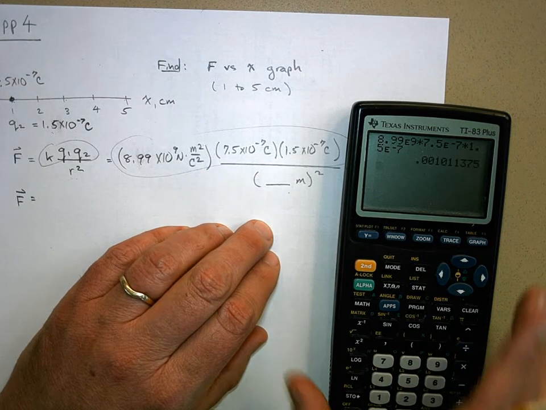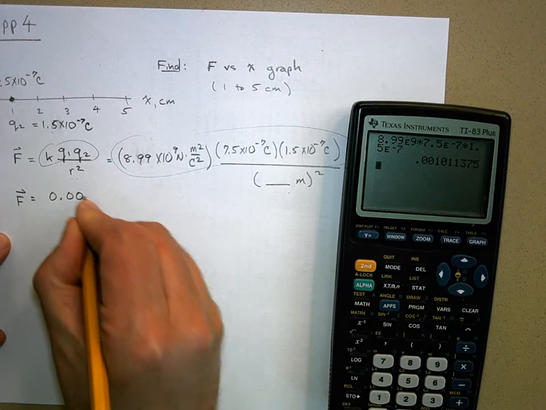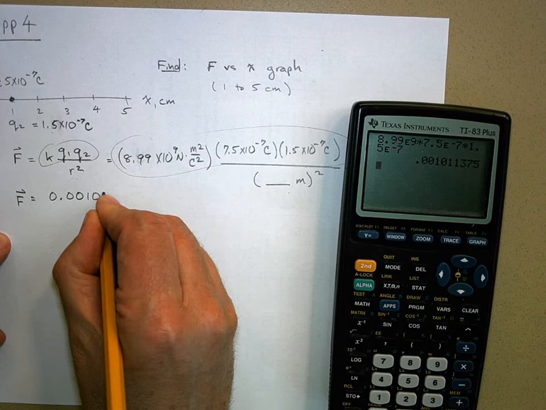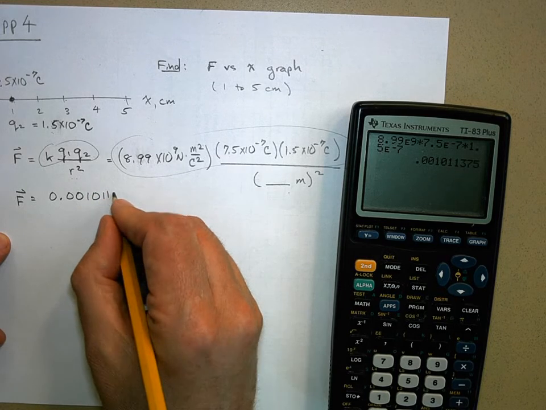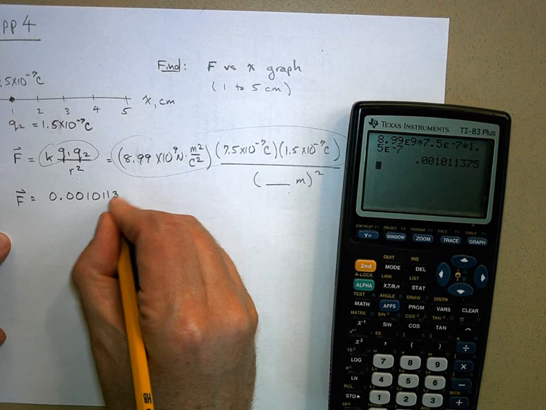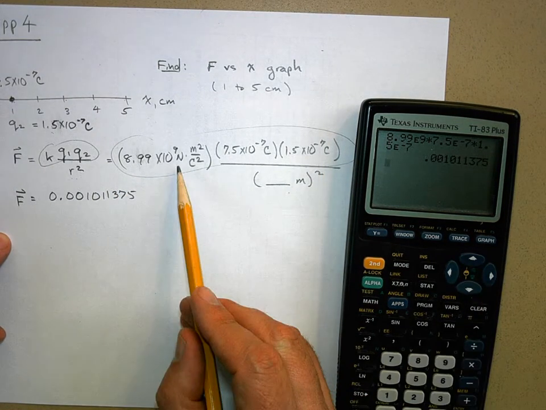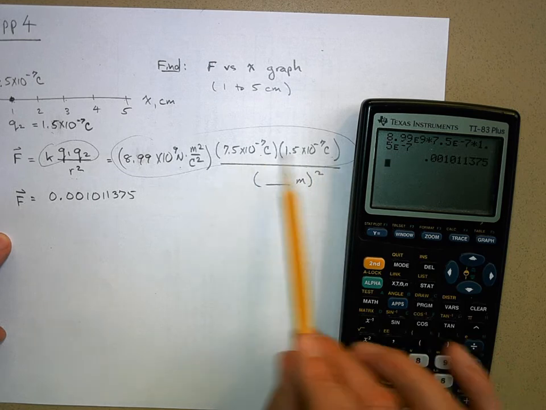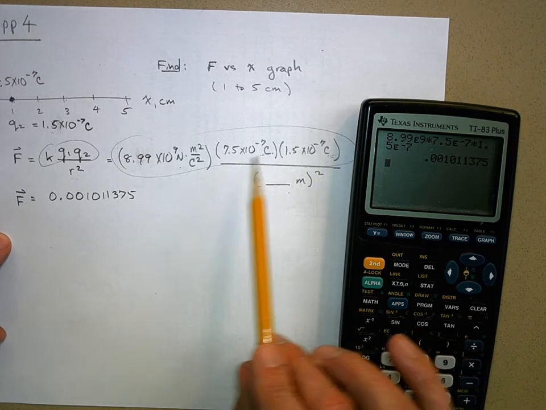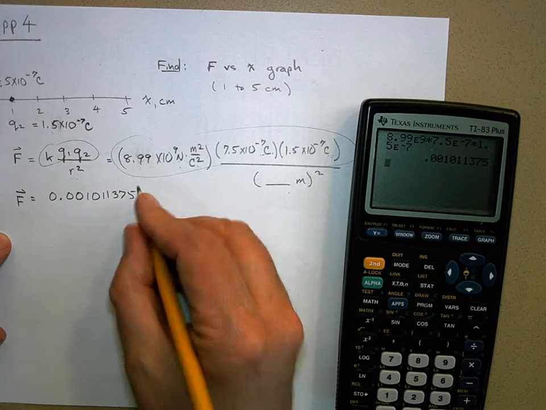And we get 0.001011375. I don't know if we want to carry this many. We'll just carry all of them for right now. Now what are the units for this? Newton meter squared, because these two coulombs cancel the coulomb squared here, leaving newton meter squared.